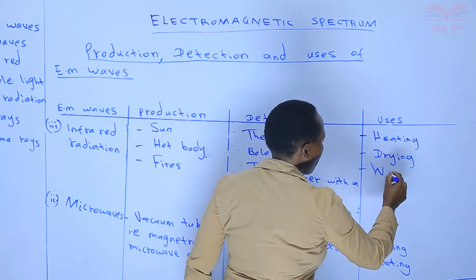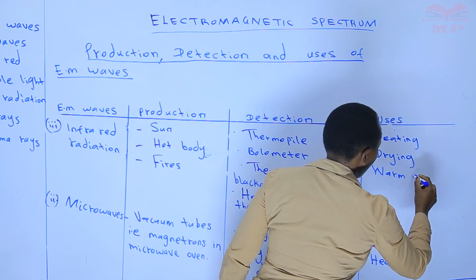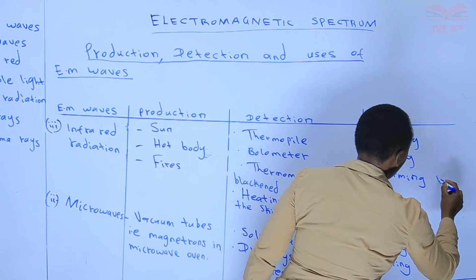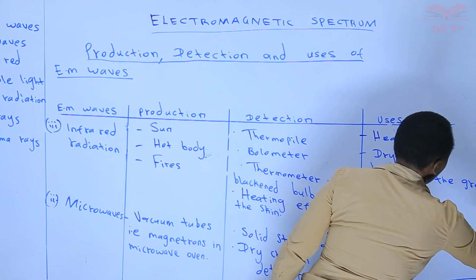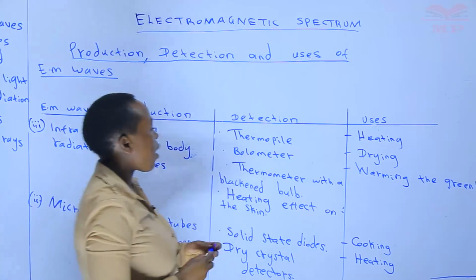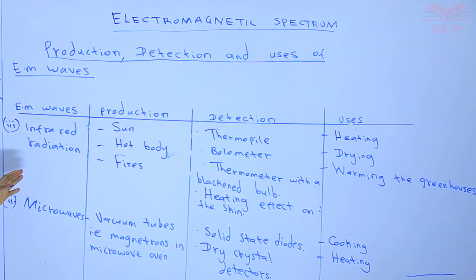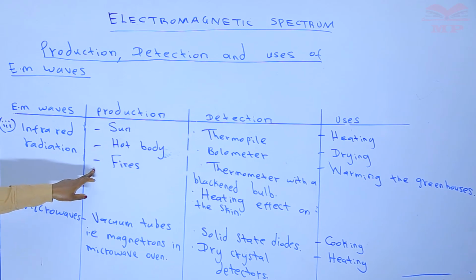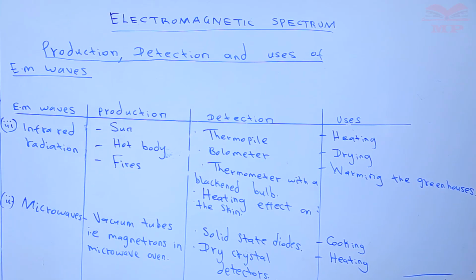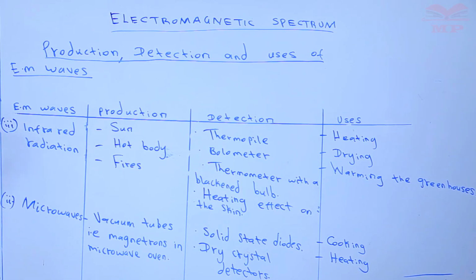So we have those uses. So the infrared radiation is produced by the sun, hot bodies, and the fires, detected using an instrument we call a thermopile or a bolometer.